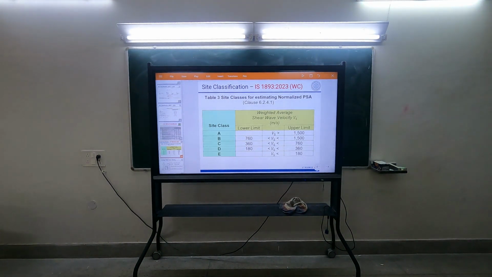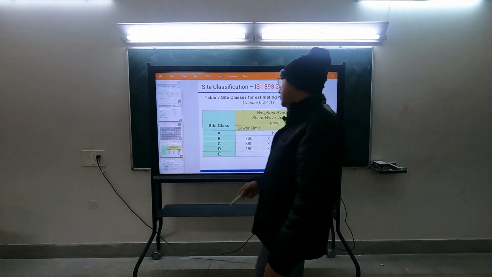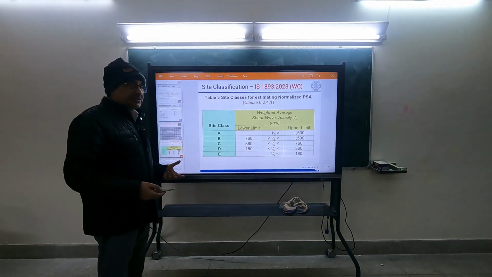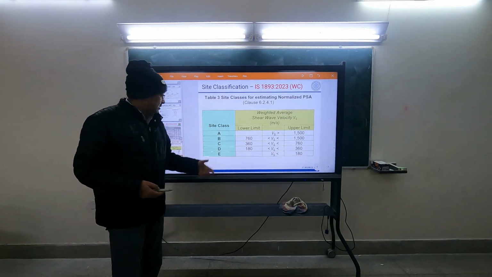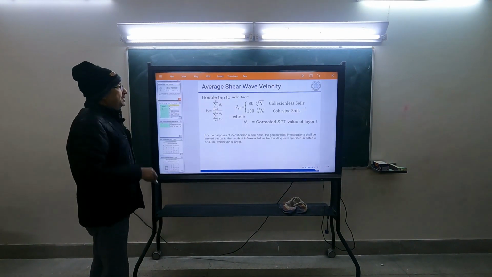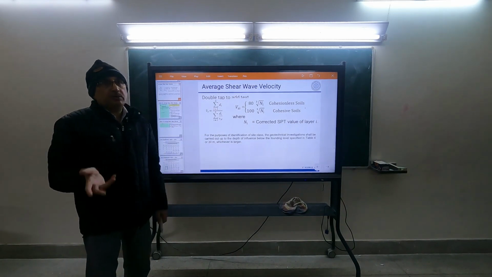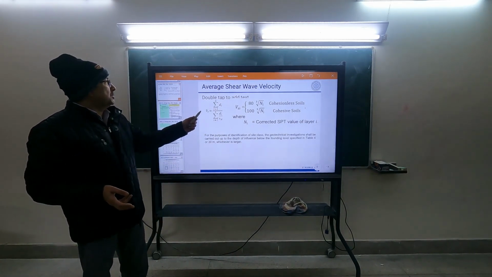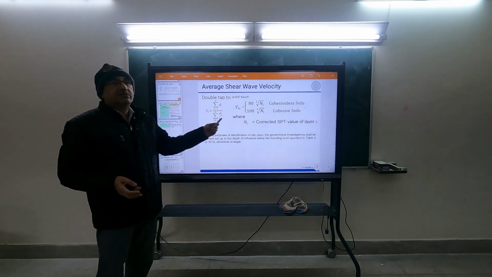At least this much all structural engineers should know: which test you have to order to classify your site. You may not learn how that test is done, but as I said, this test is costly and MASW is not very reliable. The most commonly used test in industry is SPT, the N value. In almost all cases, N values will be available to you, and from the N value you can calculate the equivalent shear wave velocity.